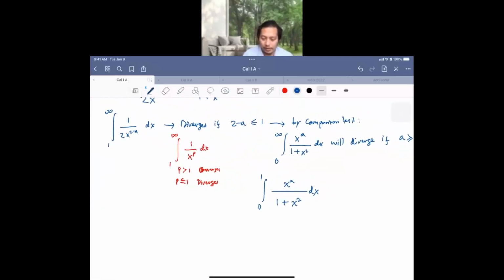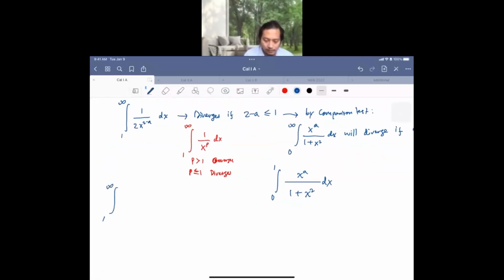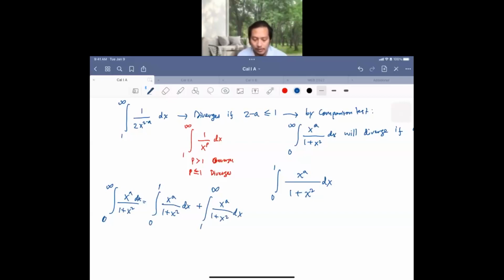So actually, if we take this 0 to infinity, we can separate the integral.